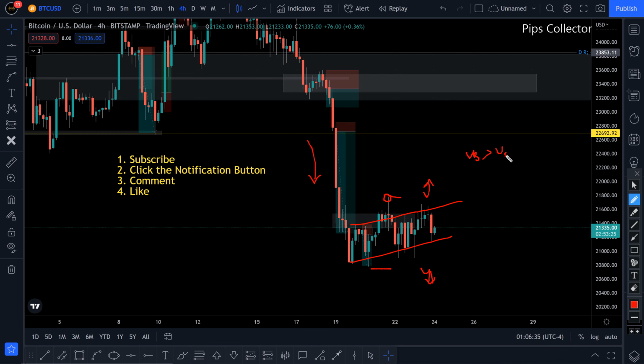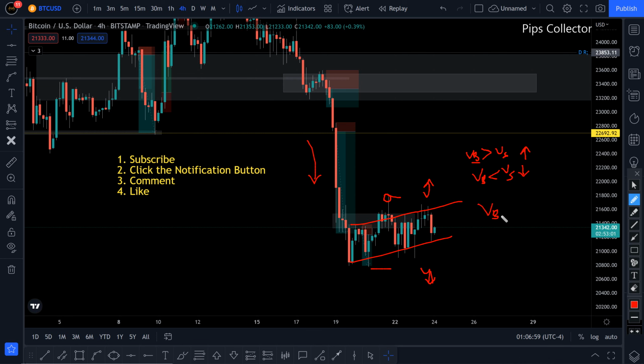Now, when I'm talking of volume, I don't mean volume in number. I mean volume in cash strength. Those who are interested in buying need to be greater than those who are interested in selling for price to do what? Go up. So if there's an imbalance where the volume of traders interested in buying is less than the volume of traders interested in selling, this is what you get, sellers.